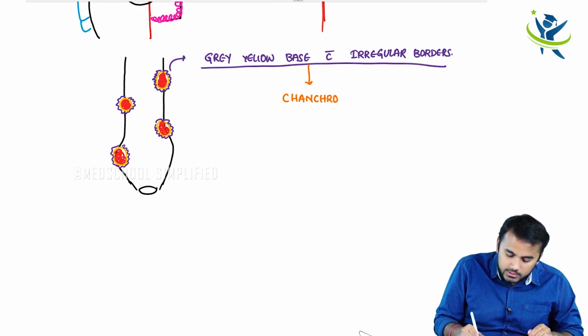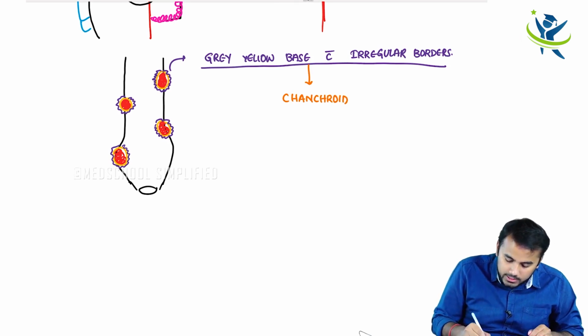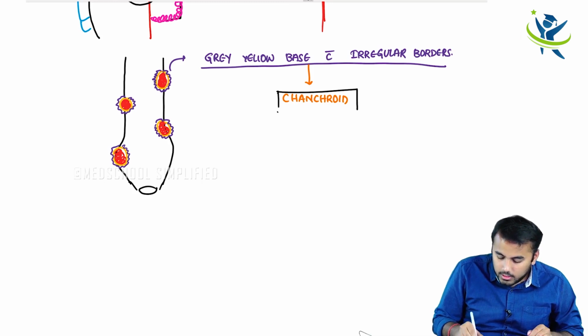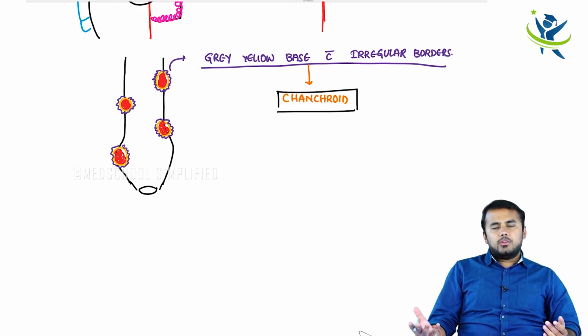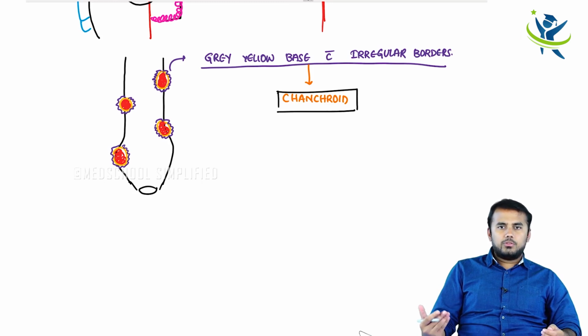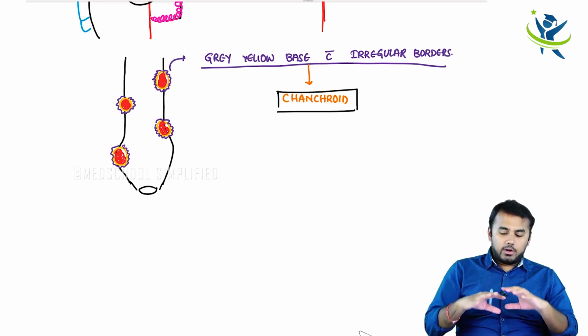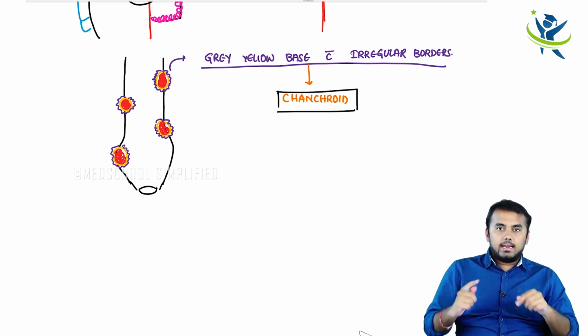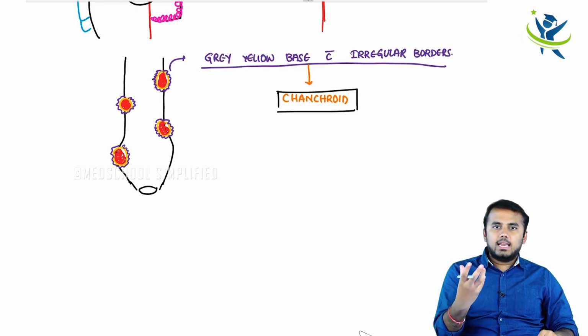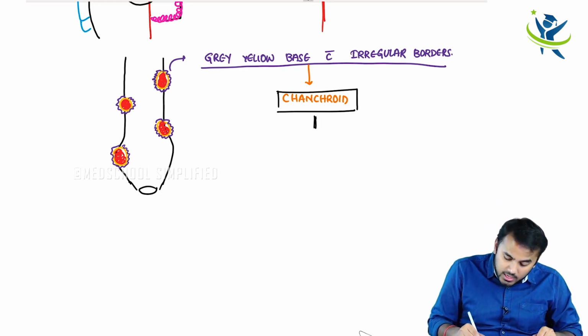So from today onwards, if someone asks you to depict chancroid: chancroids are mainly formed on the open cut surfaces of your skin as well as the mucosal surfaces. Second, chancroids have a gray yellow base with irregular borders. Chancroid is basically a painful ulcer.